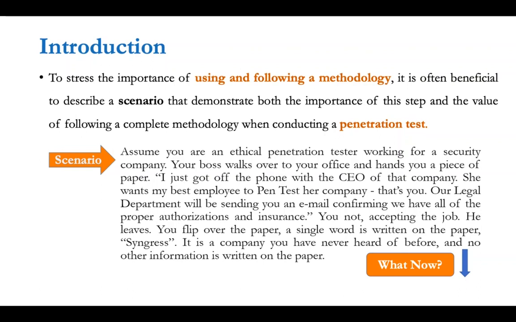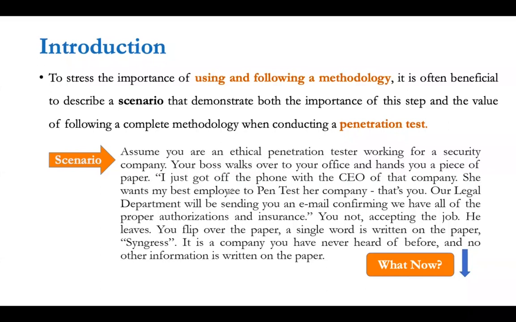Assume you are an ethical penetration tester working for a security company. You can just see the scenario here. Your boss walks over to your office and hands you a piece of paper. He says he just got off the phone with the CEO of a company, and she wants his best employee to pen test her company. That's you.